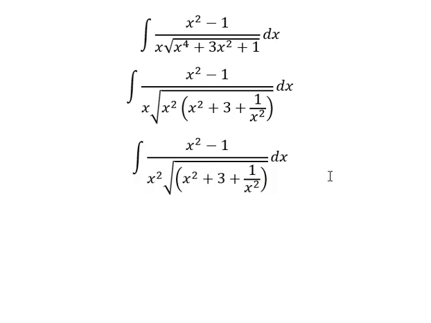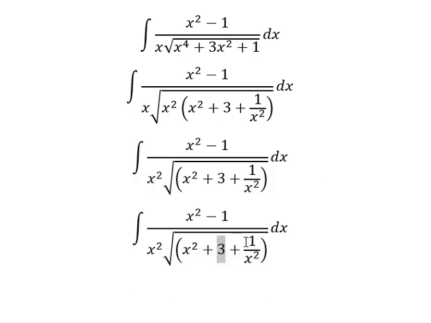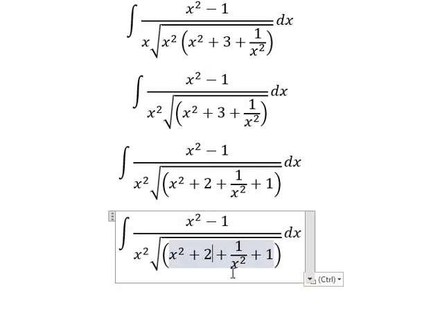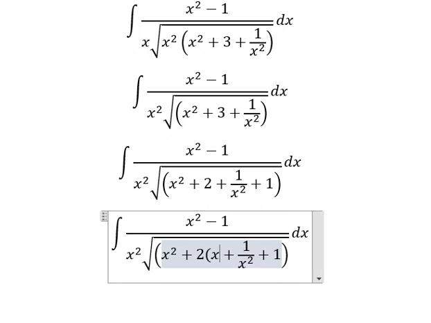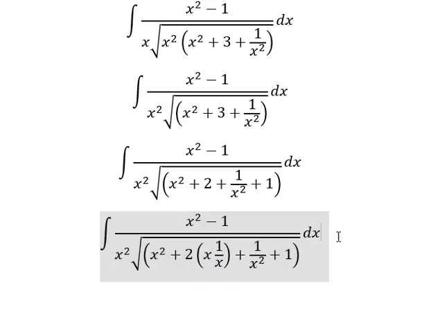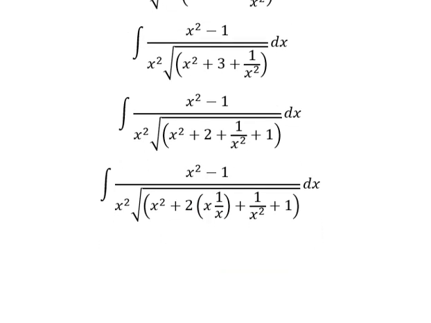Next, number 3, I will put 2 and number 1. So we know that number 2 is 2 multiplied by s and 1 over s. So we have the formula in here.